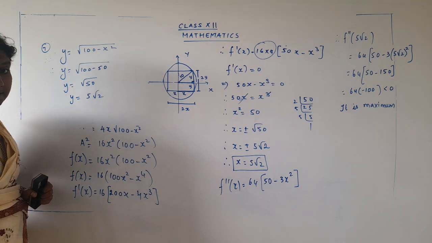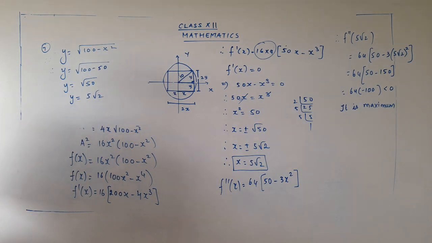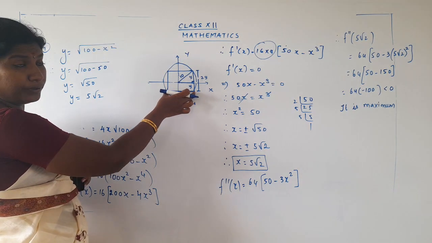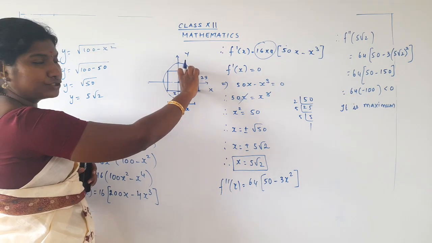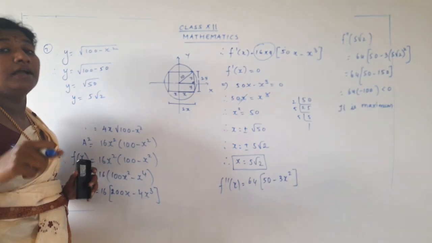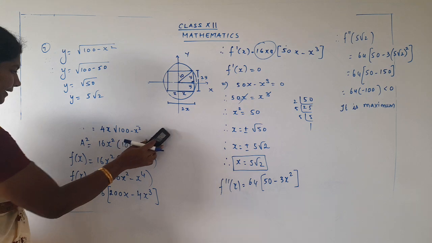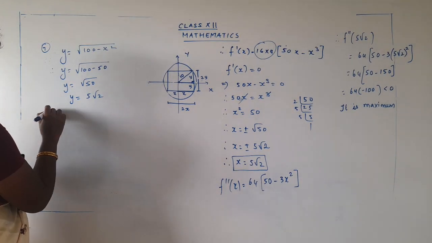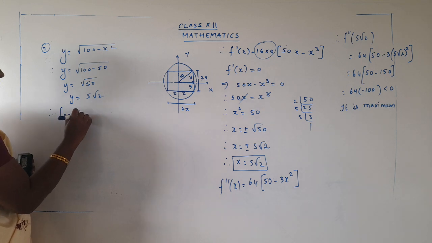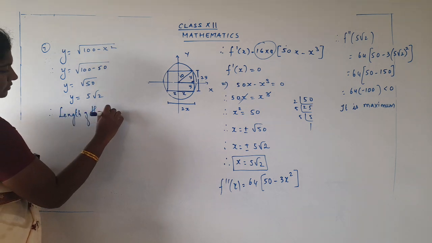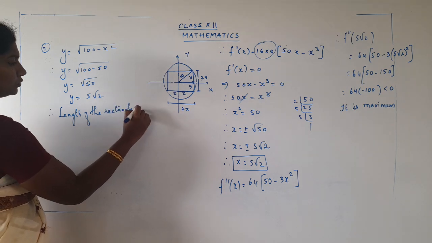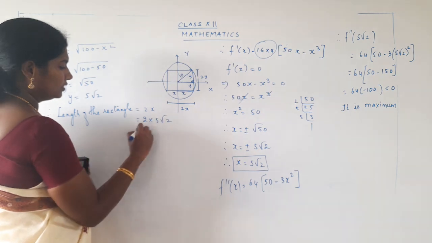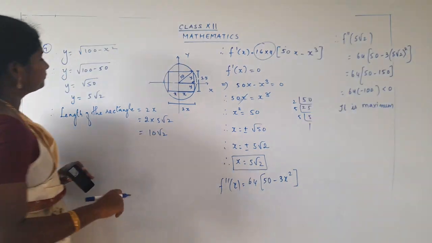We have not completed our sum. The question was to find out the dimensions of the rectangle. So what is the dimension of the rectangle? The length of the rectangle is 2x and the breadth of the rectangle is 2y. So we have to find out the value for 2x and we have to find out the value for 2y. Therefore, length of the rectangle is equal to 2x is equal to 2 into 5 root 2, 10 root 2.